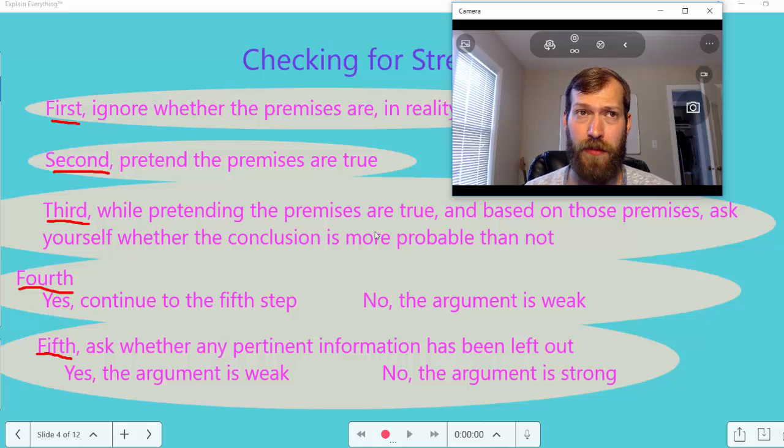You might happen to know, irrespective of the information that you're given in the premises, for other reasons that you're aware of, that a conclusion is more probable than not. But that's not our question, because we want to know whether the premises are leading us to the conclusion. So we need to make sure to concentrate on whether the information contained in those premises is making it more likely to be true than false.